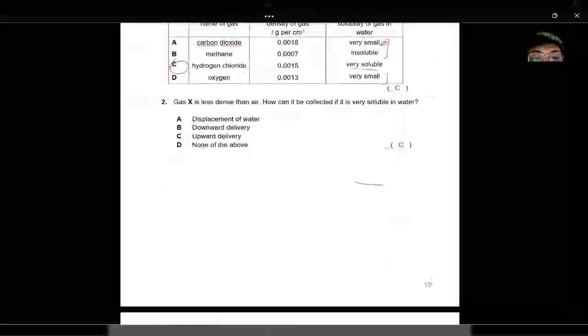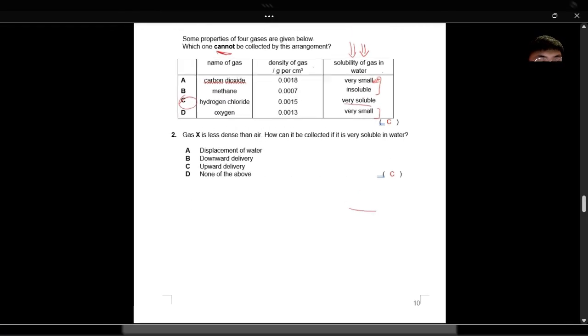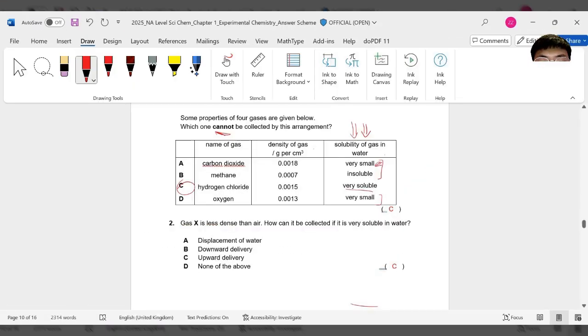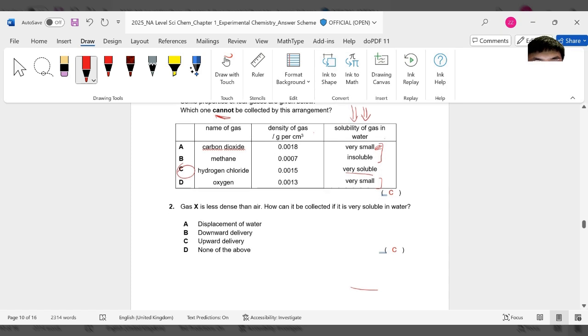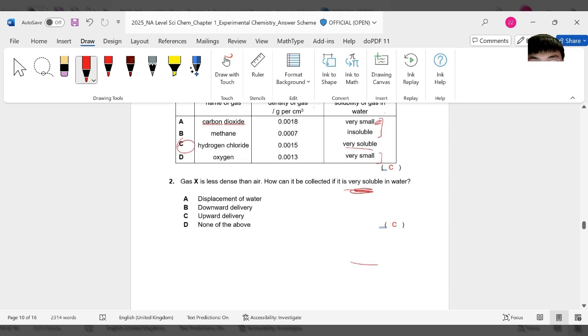Next one: gas X is less dense than air, and how can you collect it if it is very soluble? The very fact that it is very soluble in water means I cannot use displacement of water, so this is out. What's left is either upward or downward delivery.